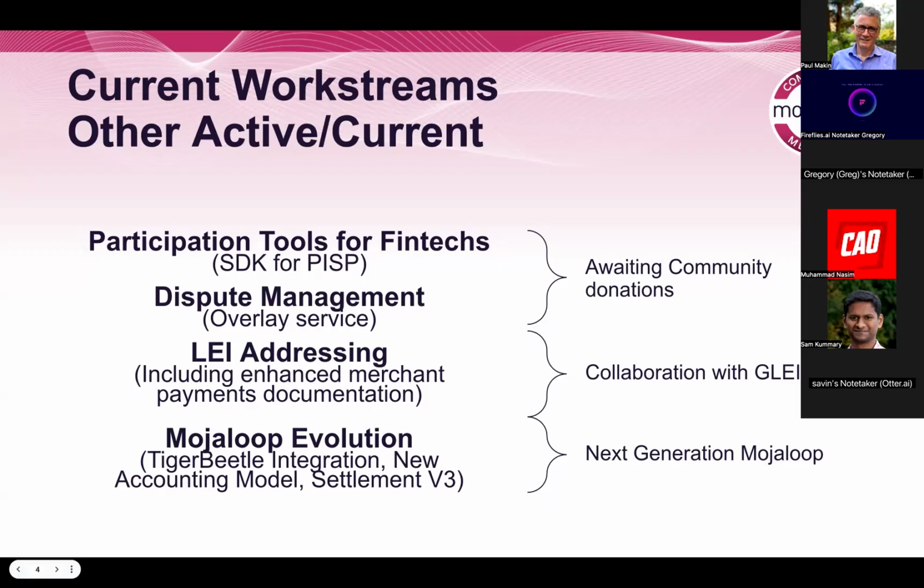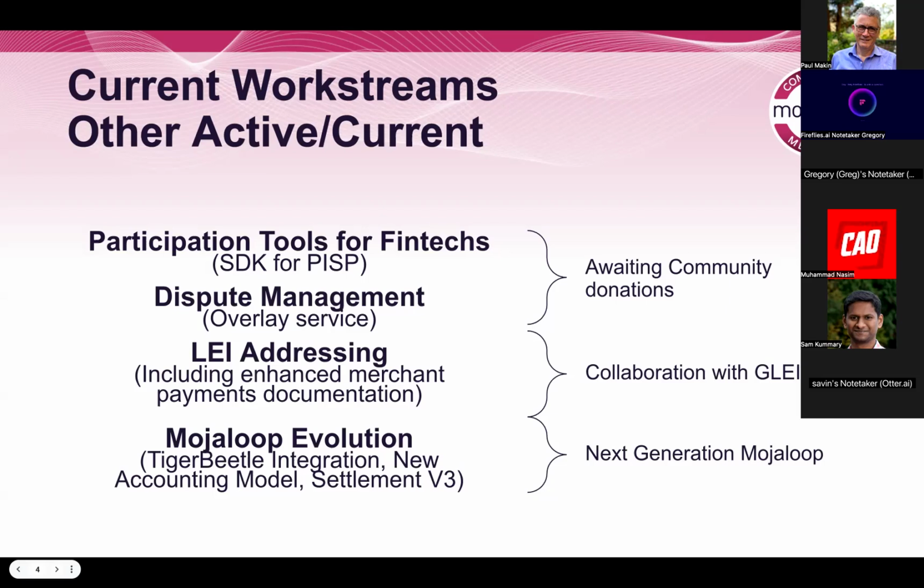And a very important work stream, the Mojaloop Evolution work stream, where we're replacing the Mojaloop core ledger technology, currently based on MySQL, with TigerBeetle, which is a financial ledger technology. And that will also include the adoption of a new accounting model and updating settlement to V3 to support the most complex deployments.